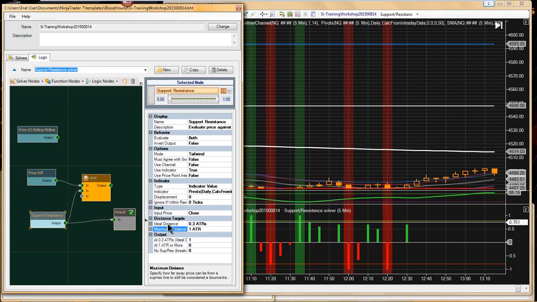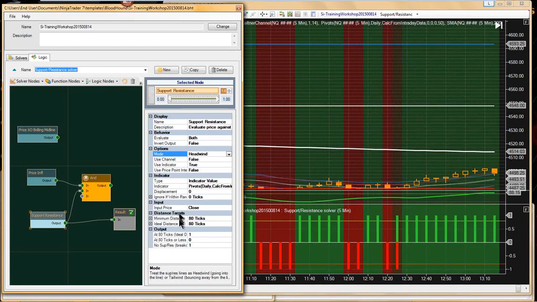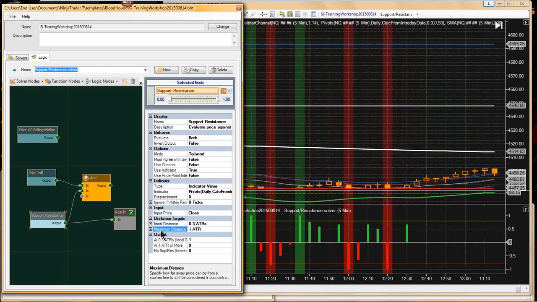So now we can see we have ideal distance and maximum distance, where if I go back to headwind mode, we have minimum distance and ideal distance. So let's put it back on tailwind mode. Once again, in tailwind mode the distances are set to ATRs. So let me change these over to ticks.